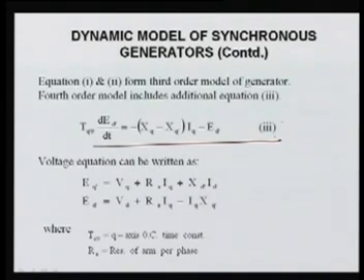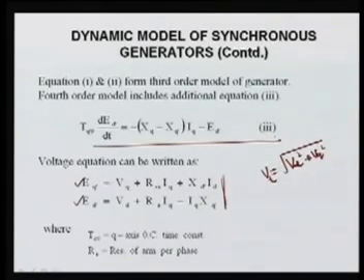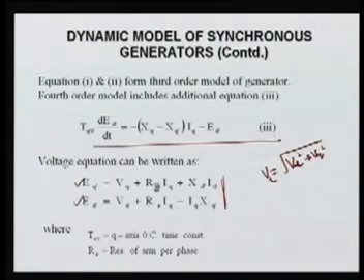Now EQ prime and ED prime are related with the terminal voltage V as well, and we know the terminal voltage V is the square root of VD squared plus VQ squared. So we can get these values, and using these equations we can solve the various equations. All these equations are interrelated, and we have to use them in the transient stability program.